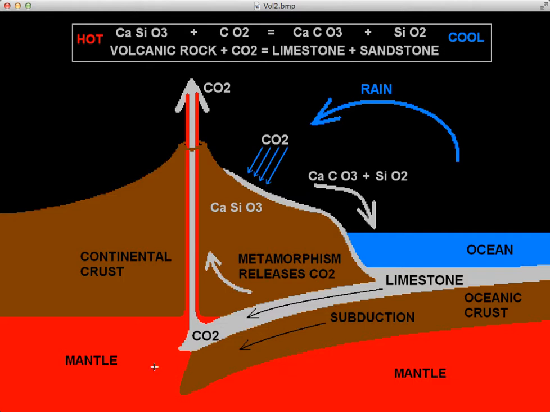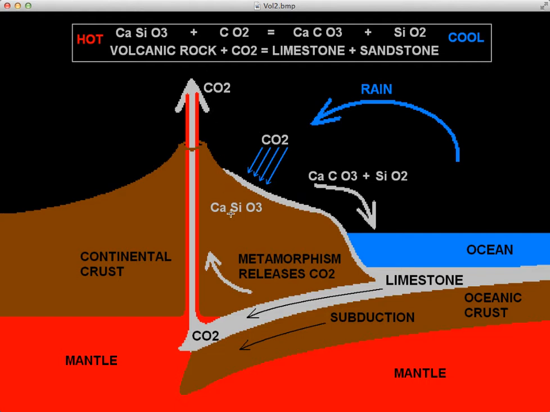Now if we go back to look at the equation again, we can see that the carbon has ended up in the hot mantle, and because the carbon has ended up on the left hand side of the equation, the carbon prefers to disassociate itself with the limestone and turn into carbon dioxide.